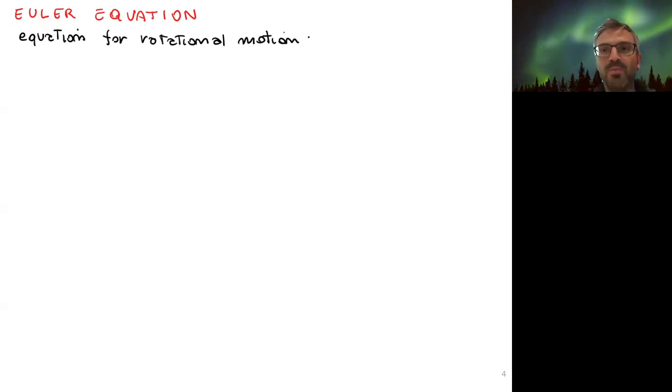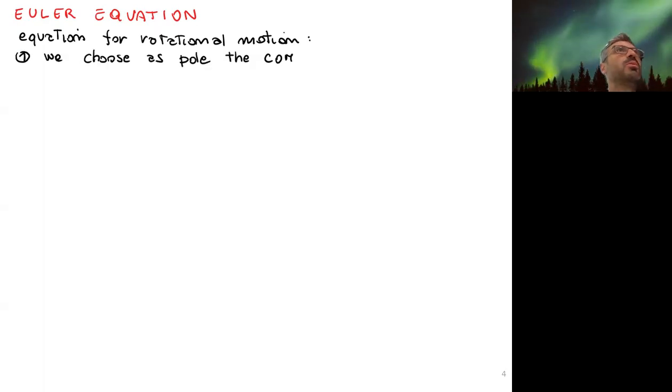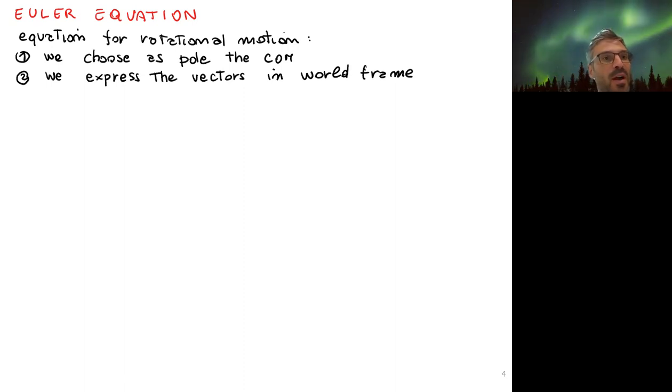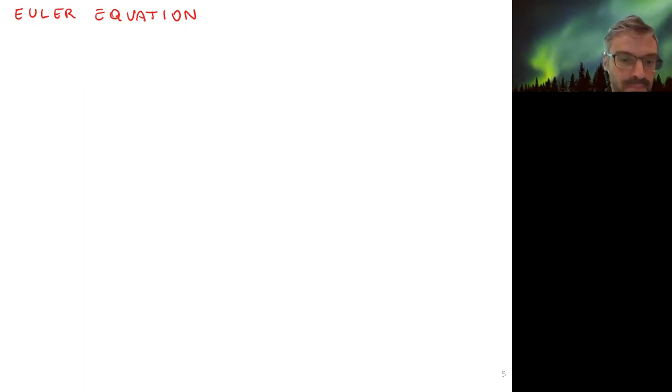Because we are talking about moments, we need to be very careful, and we need to define what is the pole with respect to which we compute the moment and the tensor of inertia. As a pole, we arbitrarily select the center of mass. On top of this, as before, we need to decide what is the frame where we express our vectors. And again, arbitrarily, we select the world frame.